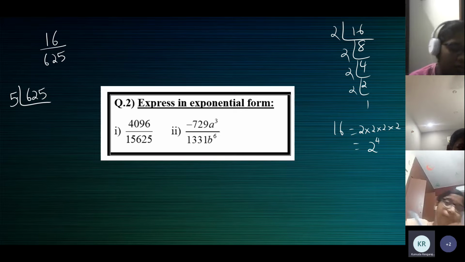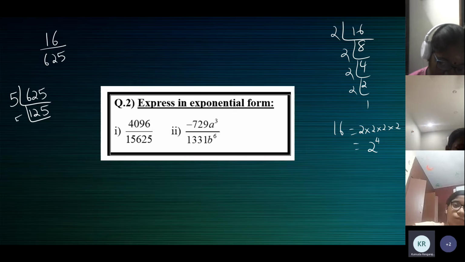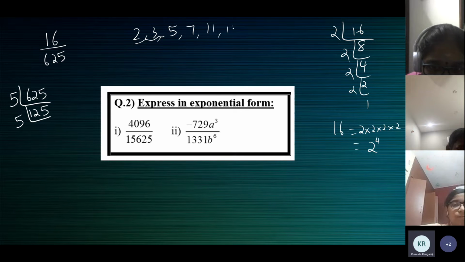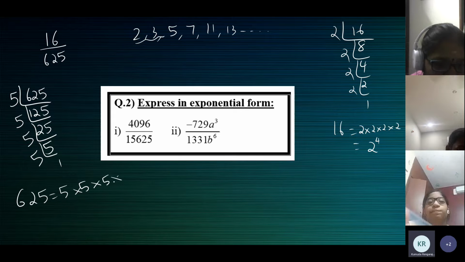We always start from 2, 3, and if the number is not divisible, then we try 5, then 7, then 11, then 13, and keep using prime numbers. 625 is divisible by 5, giving 125, then 25, then 5. So 625 is 5 into 5 into 5 into 5, 5 multiplied with itself 4 times.